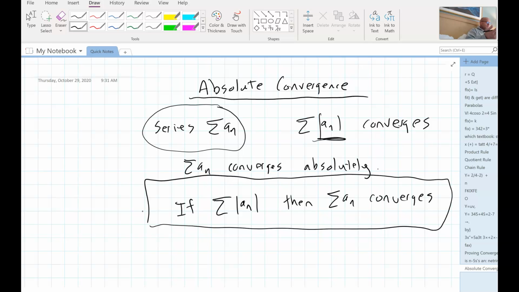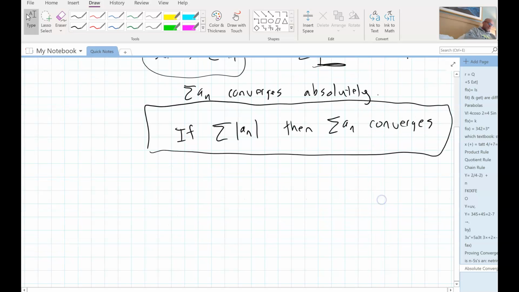For example, if you have the sequence 5 times negative 1/2 to the n, with n running from 1 to infinity, the terms a sub n would look something like this.